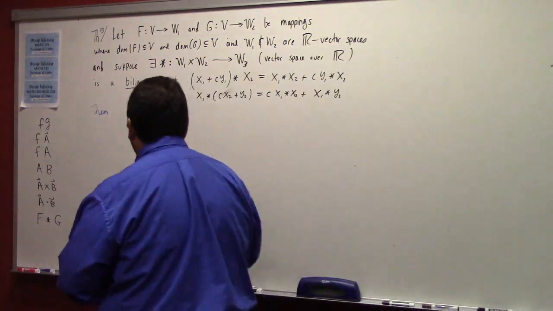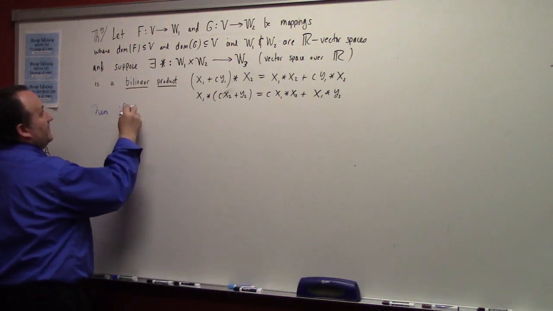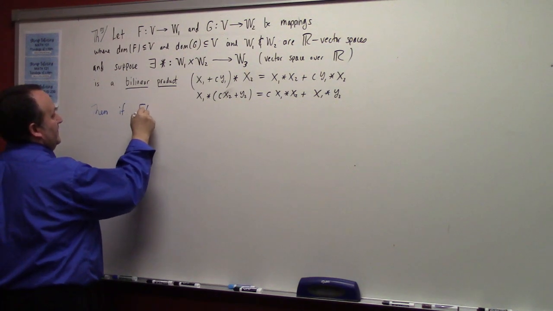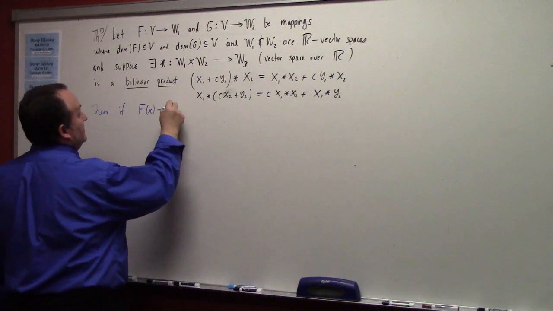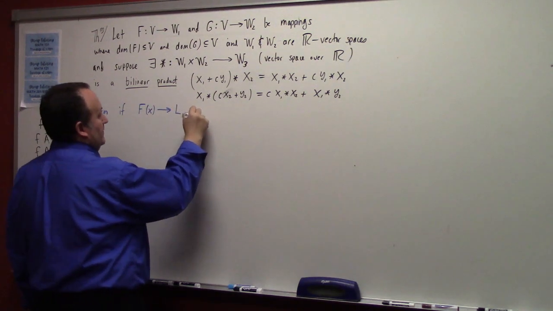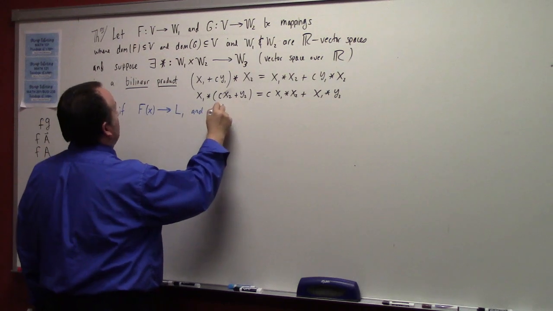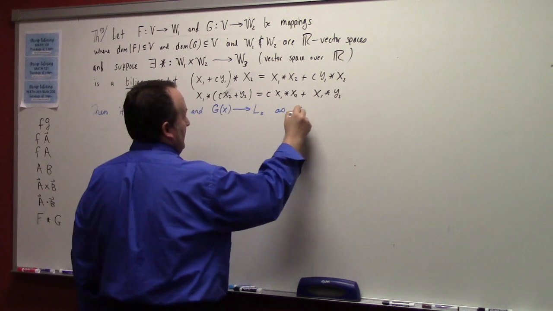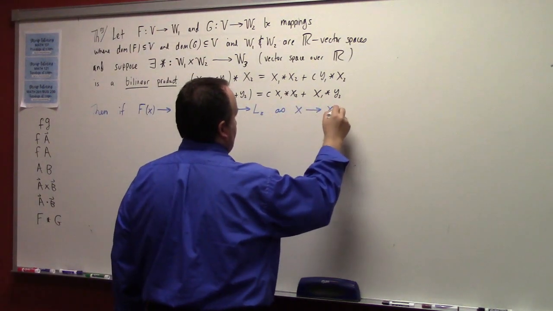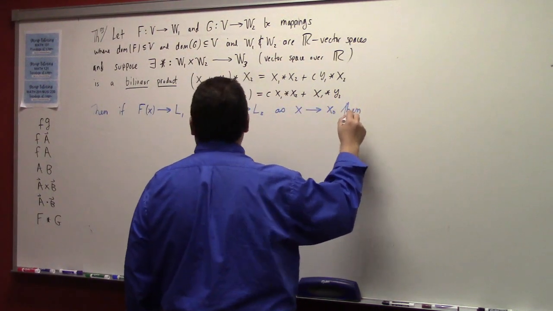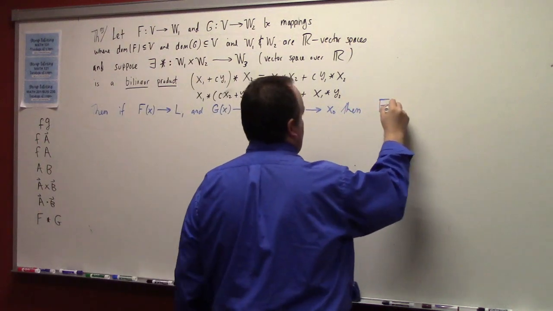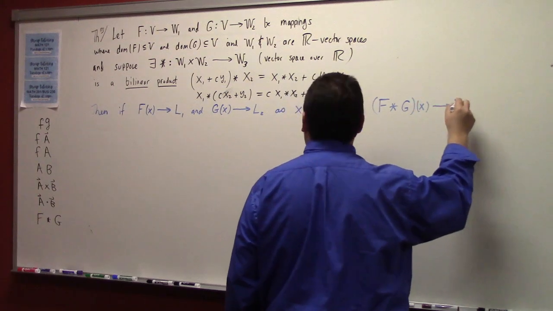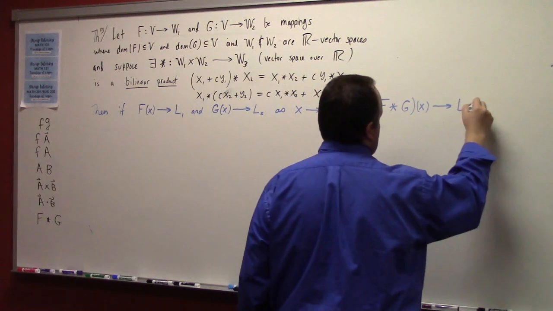All right, so then if f of x goes to L1 and g of x goes to L2 as x goes to x naught, then f star g of x goes to L1 star L2.